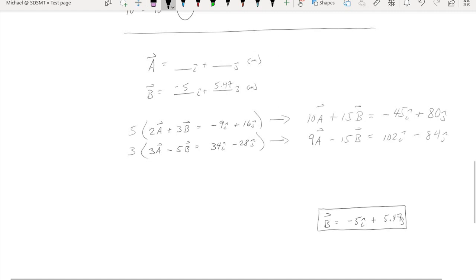And now we need to combine these equations to eliminate the b's. Well, the b in the top expression is positive, the b in the bottom expression is negative, and so all I need to do is just add the two equations together.